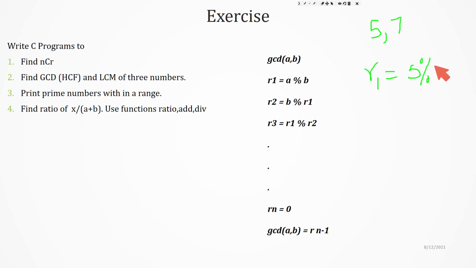Okay, 5 mod 7 is 5. What is R2? 7 mod 5. Okay, what is that? 7 mod 5 is 2. Okay, good.